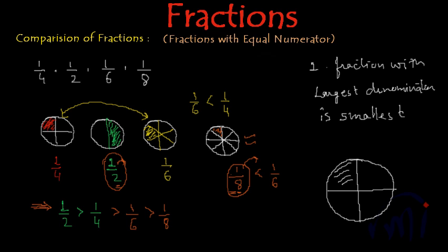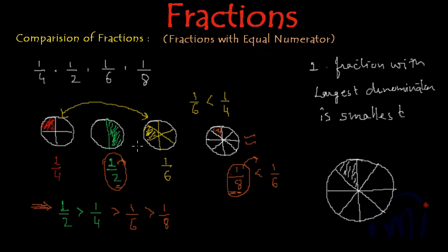And if I increase the divisions, like if I divide it into 8 parts now, and talk about one portion, it is much smaller, right? So when the numerators are the same, the bigger the denominator, the smaller the portion becomes. So this is how we compare when the numerators are the same.